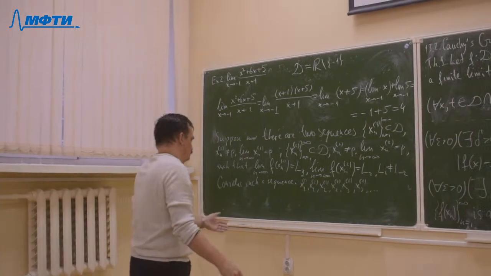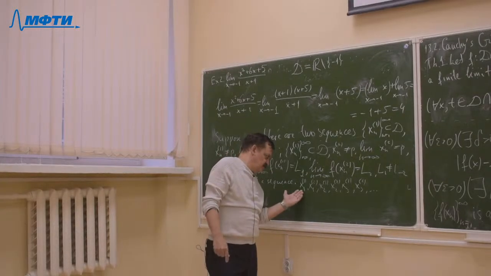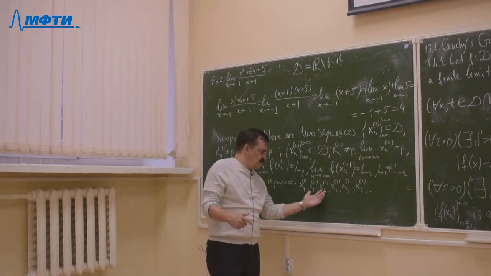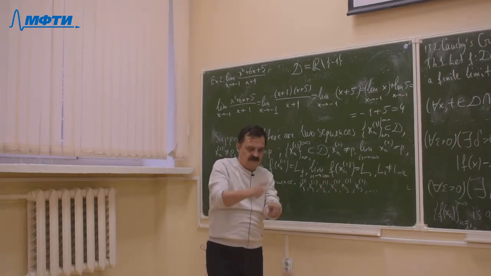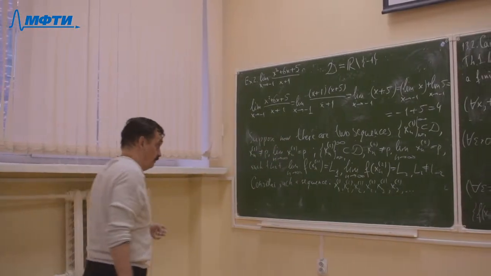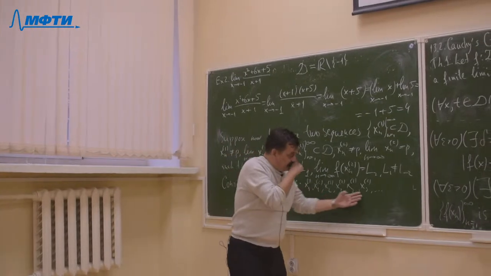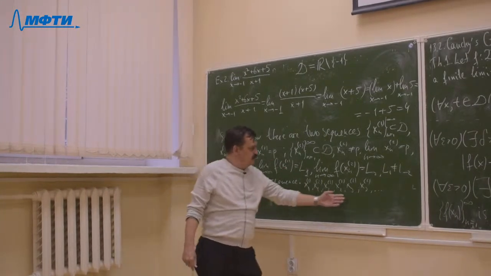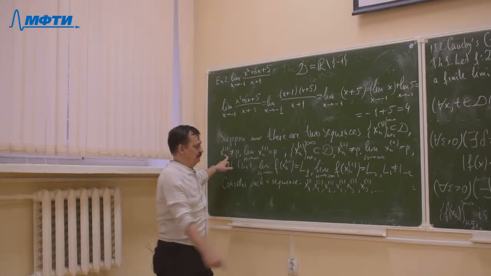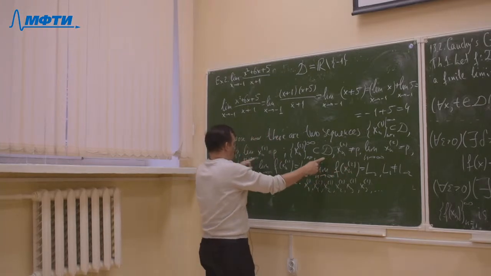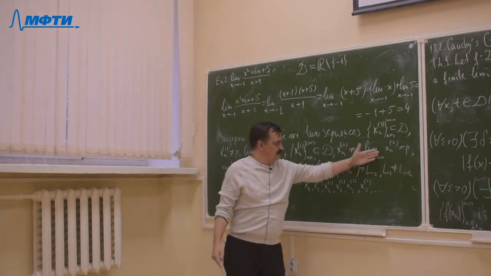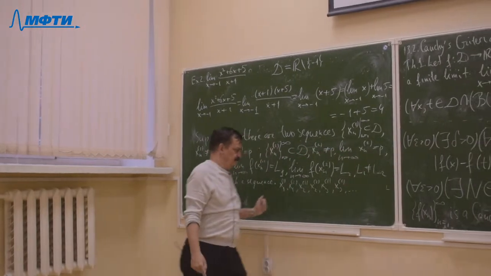Firstly we choose a member of the first sequence, then the second, then again the first, then the second, and so on. Alternate the choice between two sequences, right? Then what can we say about that sequence? This is a new sequence. Look, all of them are not equal to p, all of them are in D, and the limit of that sequence is p, right?